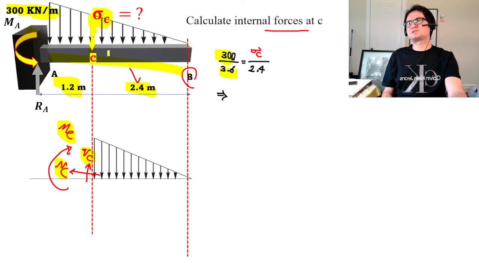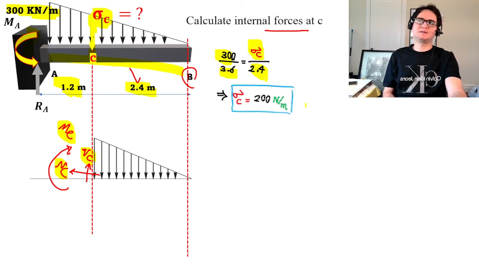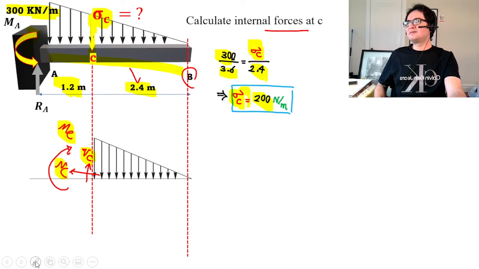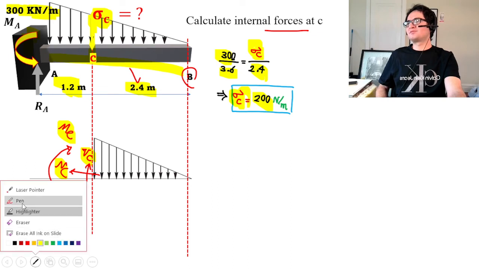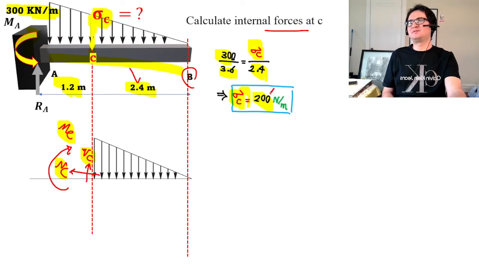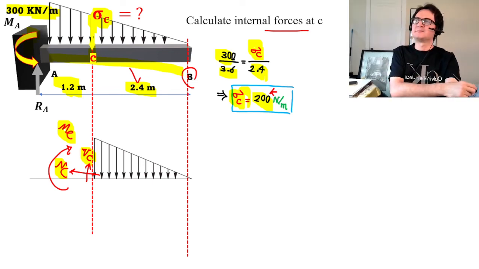And what if we stop at 2.4? That goes by sigma c. Then we can easily calculate sigma c is 24 over 36 times 300, which is two-thirds of 300, and that's 200 kilonewton per meter.